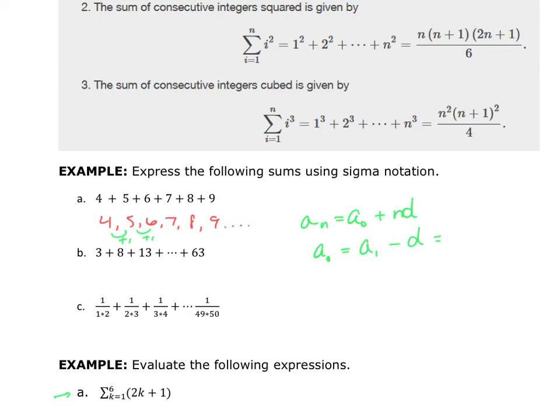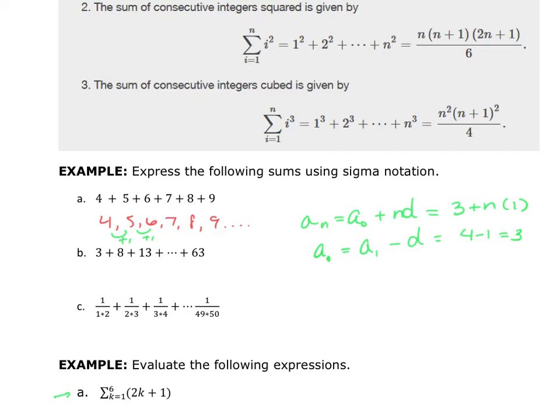So in this case, my a sub naught is going to be 4 minus 1, which is 3. So my closed formula is going to be my a sub naught, which is 3, plus n times 1. Now I can check this by putting in n being 1, I get 4, n being 2, I get 5, n being 3, I get 6.